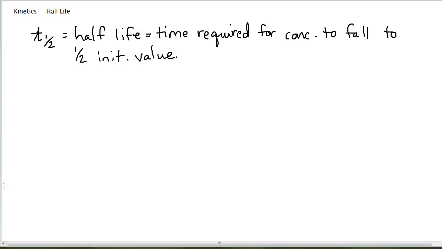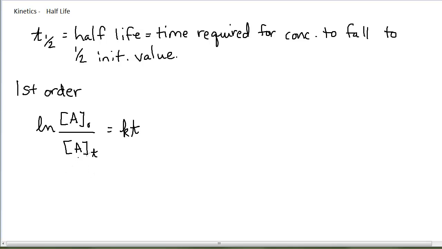The half-life is most interesting when we talk about a first-order process. So let's specify a first-order process. For a first-order process, you may recall that the integrated rate expression looks like this. At the half-life, T1/2, the initial concentration falls to half its value.